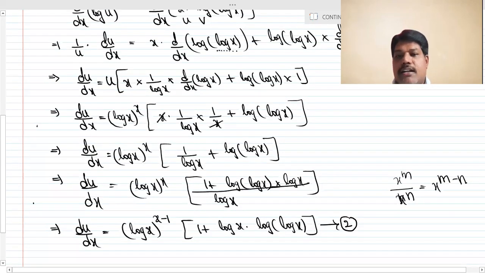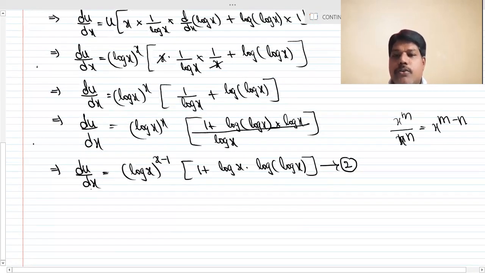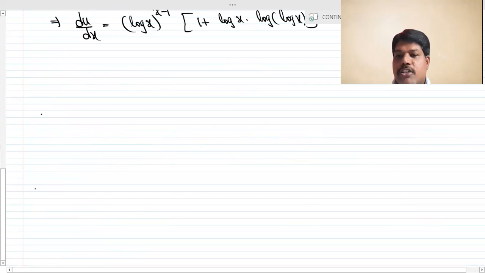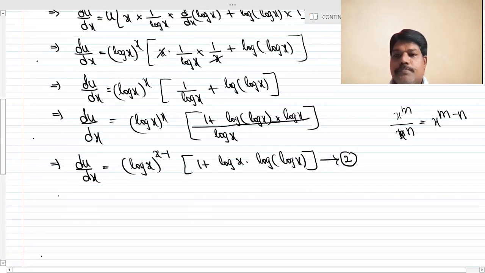So then let v of x be the second one. So let v of x is equal to x power log x.